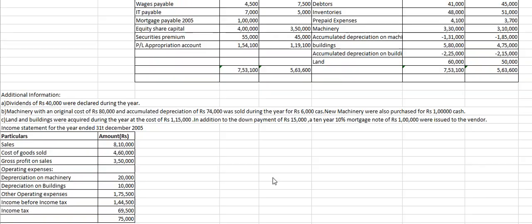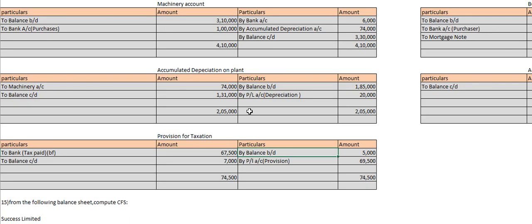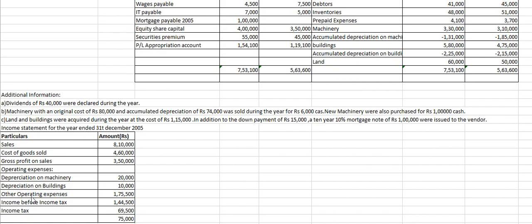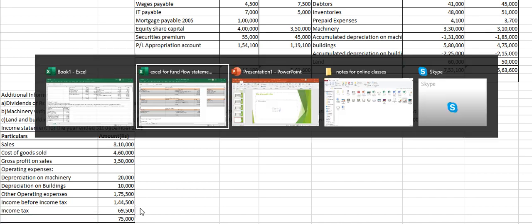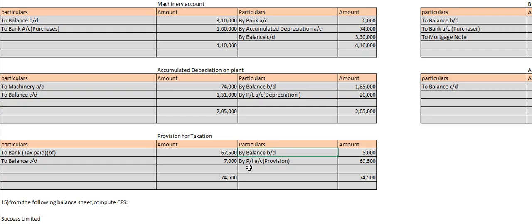So if you see in your income statement, income tax, which is 69,500, can be accounted here as to bank account tax paid, which is 67,500. By profit and loss account, which is your provision, so income tax 69,500 is your provision for income tax. It is by profit and loss account provision 69,500 to bank account, which is your tax paid, which is a balancing figure 67,500.